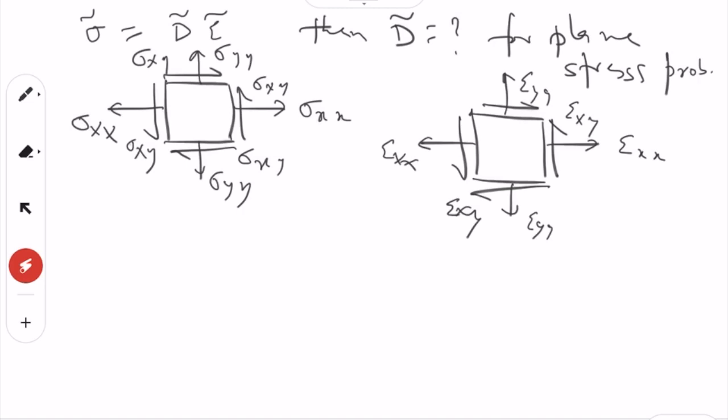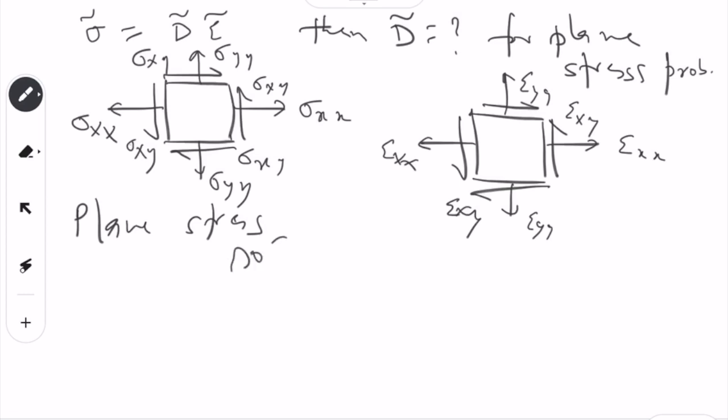This is plane stress, so we will write here plane stress: sigma zz is equal to 0. So there is no sigma in the direction perpendicular to this plane, but there can be epsilon zz basically. So epsilon zz is not equal to 0.